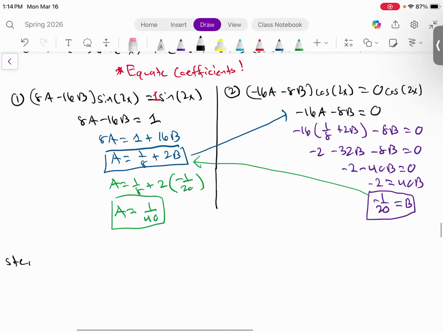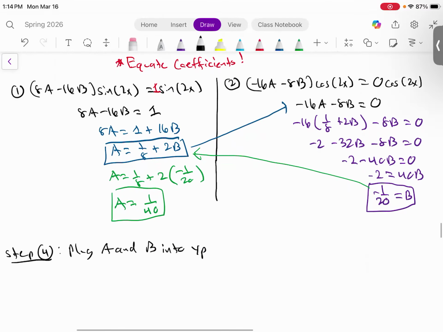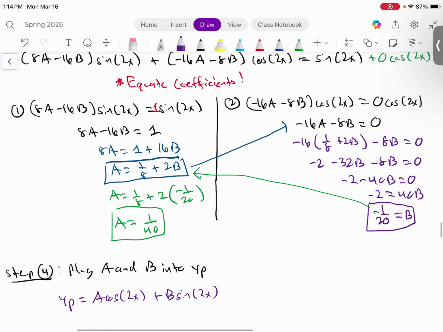So here I'll say step 4, plug a and b into our particular solution. So that means our particular solution, which we had previously, we could backtrack a bit. What was it? A cosine of 2x plus B sine of 2x? Was that our original particular solution?